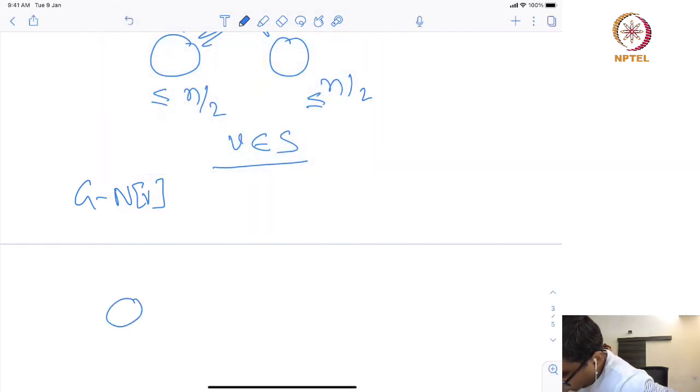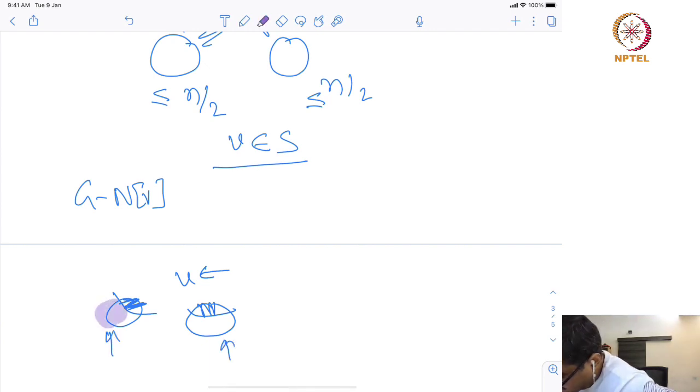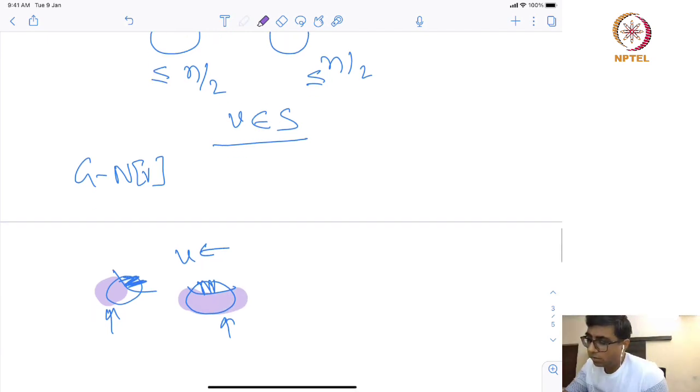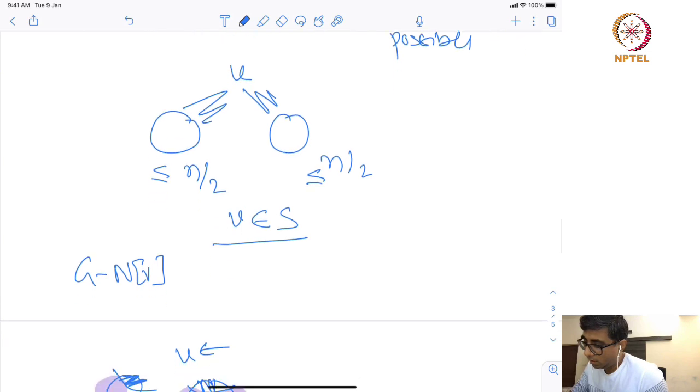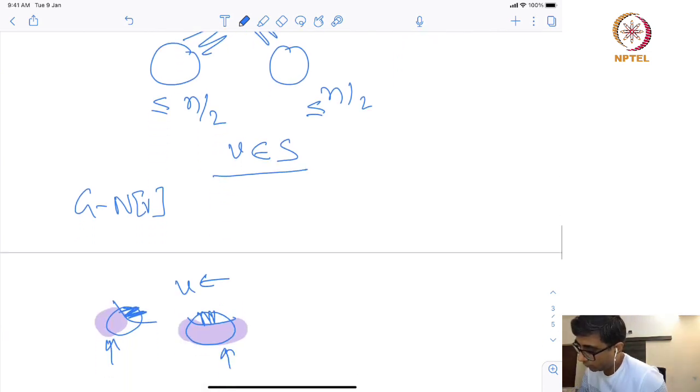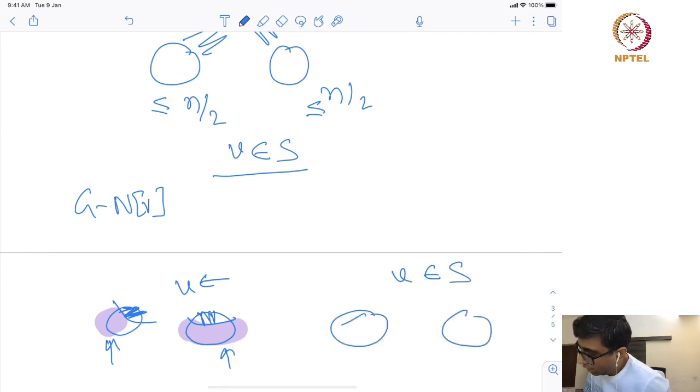You will delete V. You might also delete some of its neighbors, right? And here you will get smaller components. Or suppose in the other branch, when V is not in the solution, you are still guaranteed to have two components of size at most n by 2.